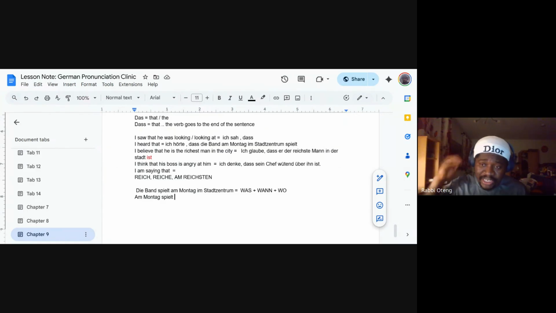The verb is always in the second position. So am Montag spielt die Band im Stadtzentrum. Okay, yeah, so this is also correct.